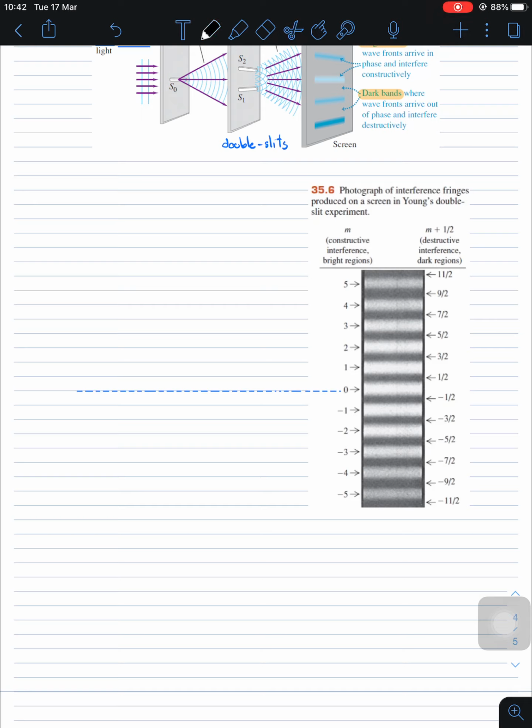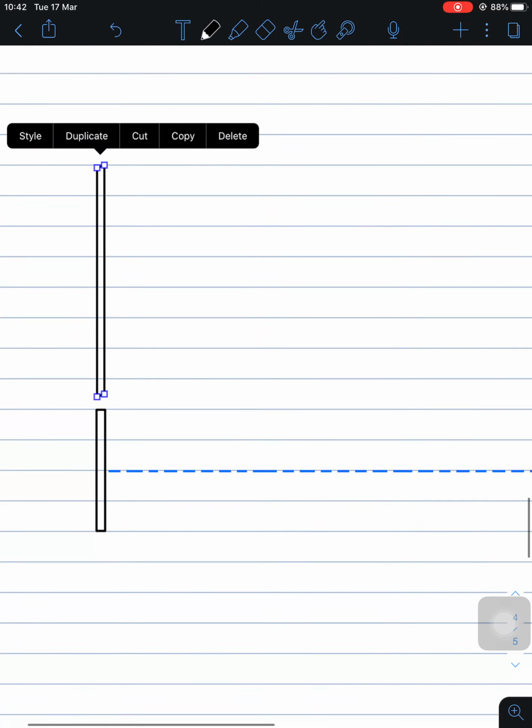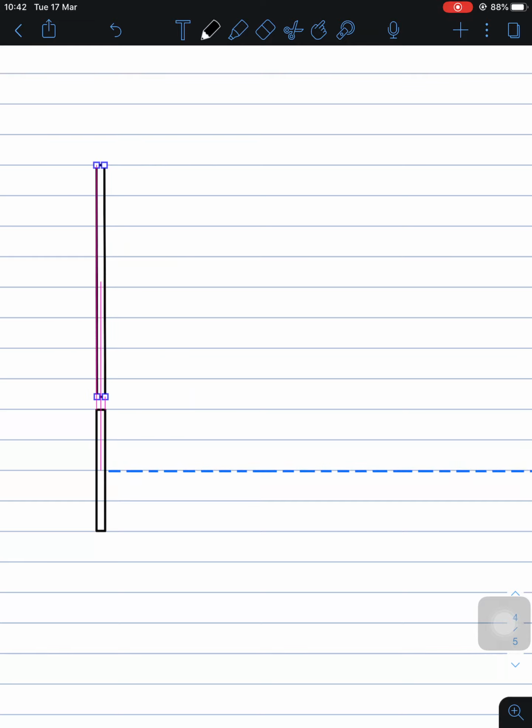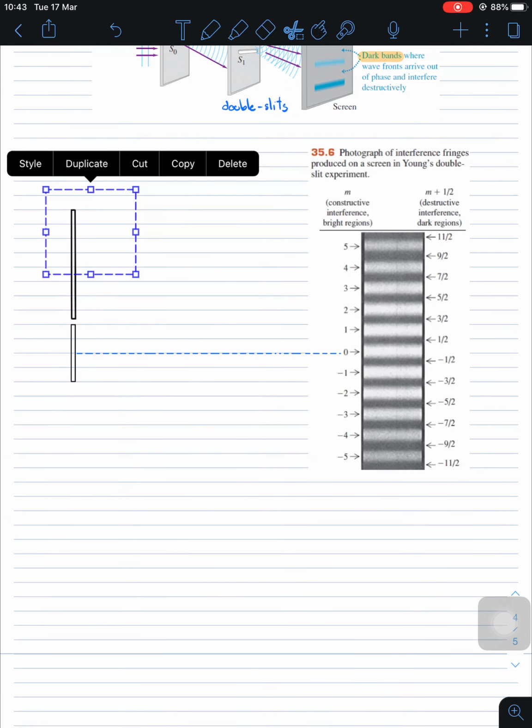If I have a slit here, this will be my slit, and this one as well. Just look the same and duplicate.